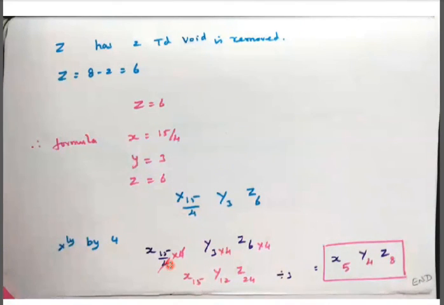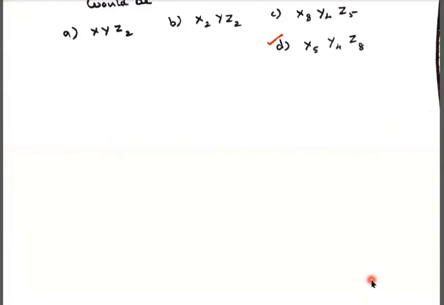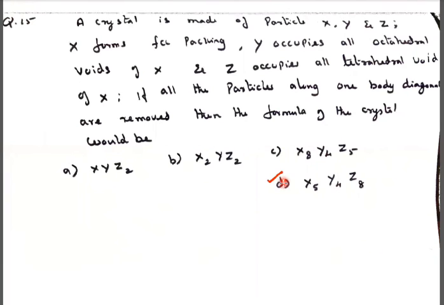Divided by 3, the X value 15 by 3 gives 5, 12 by 3 gives 4, and 24 by 3 gives 8. So X is equal to 5, Y is equal to 4, Z is equal to 8. So the formula X5 Y4 Z8 is the correct form.